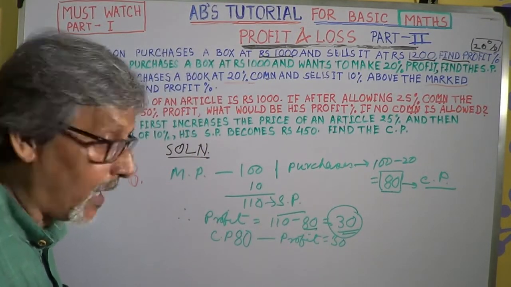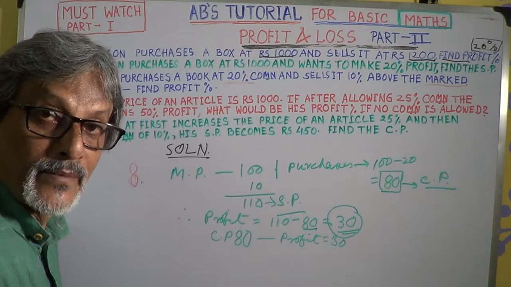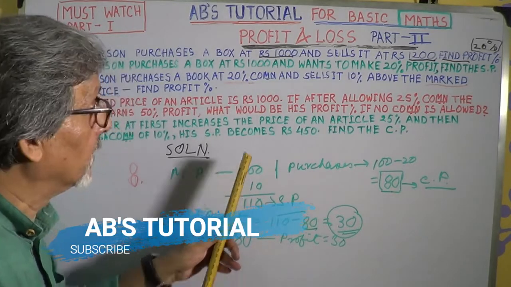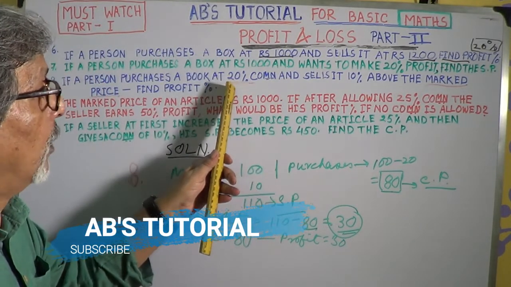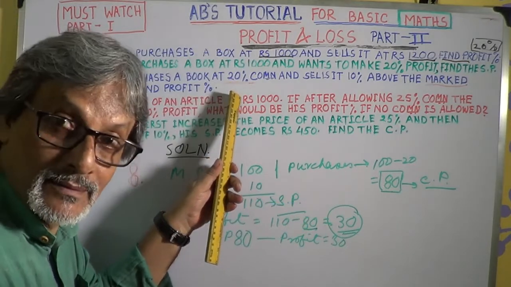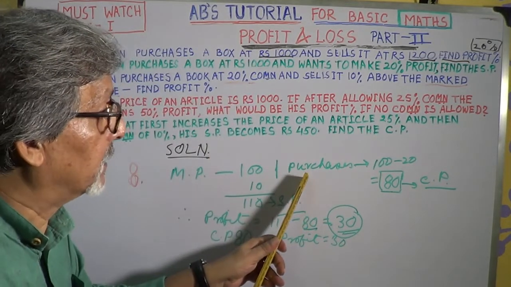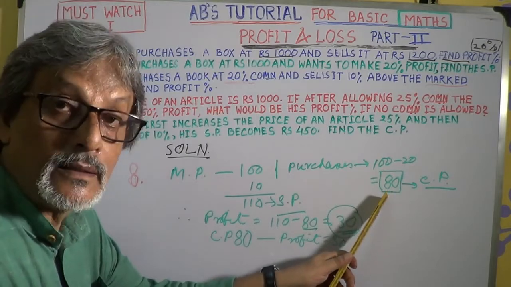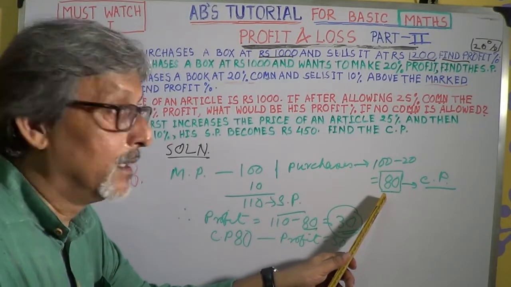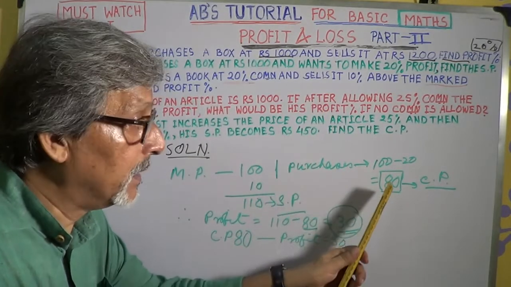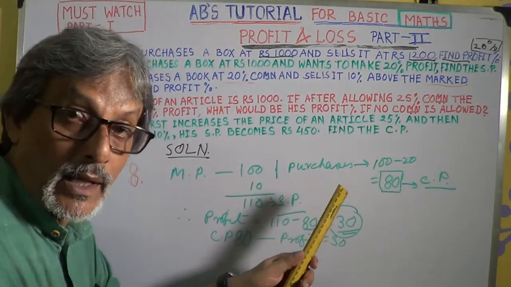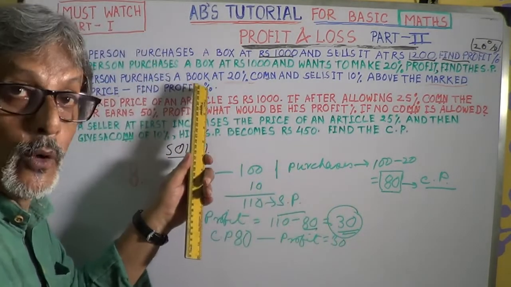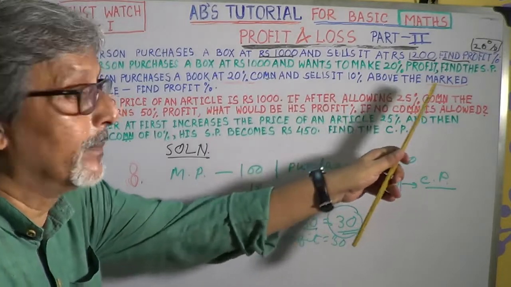Clear? Up to this level, is it clear? Again I am telling, marked price was 100. The person has got 20% commission. So he has purchased at 100 minus 20, that is 80. That is, this person has paid rupees 80. And what he is doing, he is selling this book at 10% above the marked price.